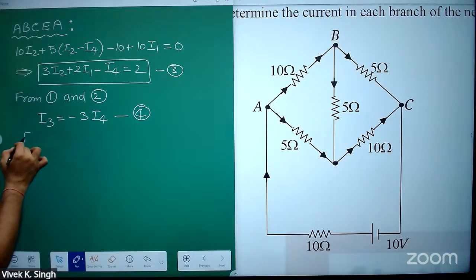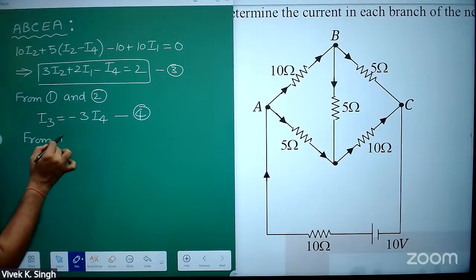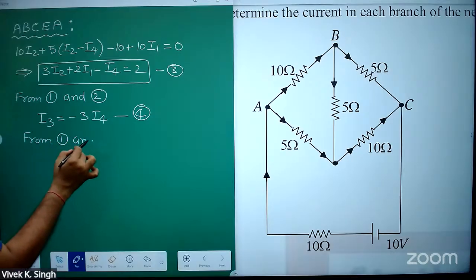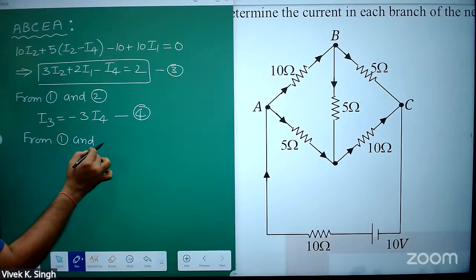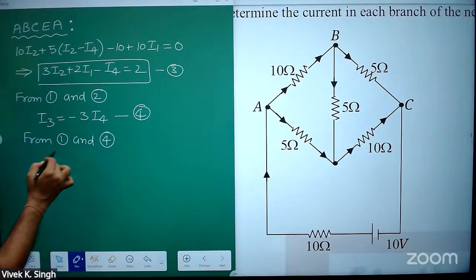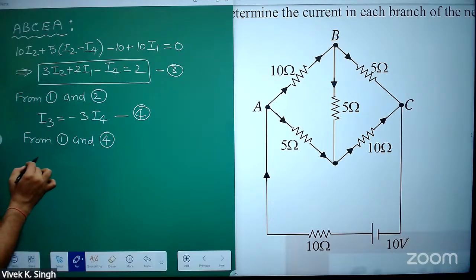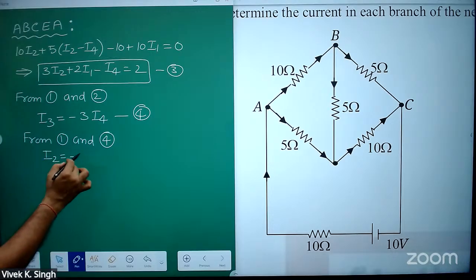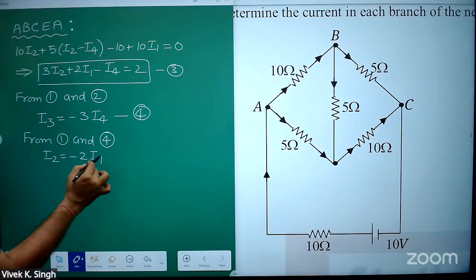Then from 1 and 4, you will get an equation. I2 is minus 2I4.